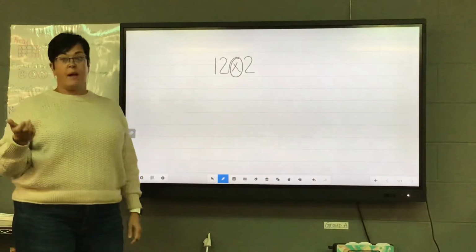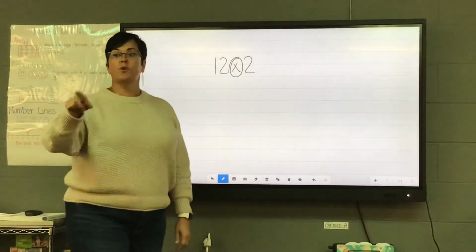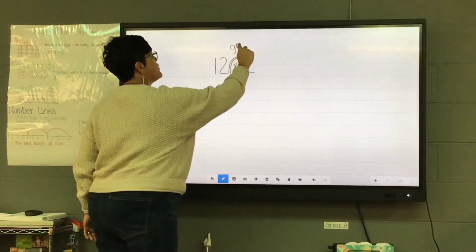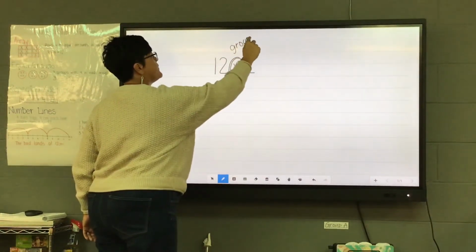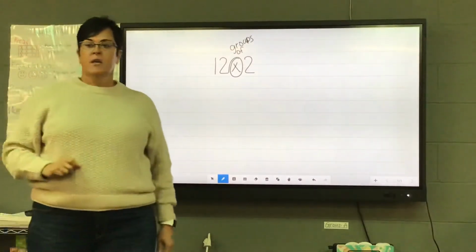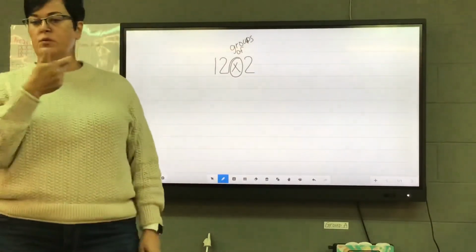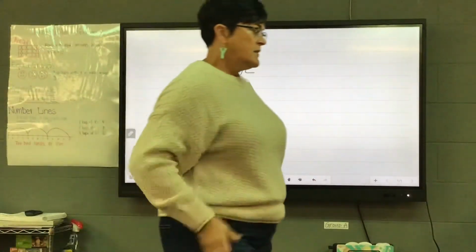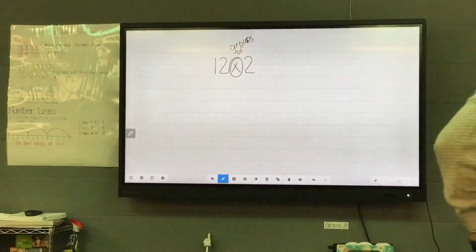Times. Groups. Right, times, groups of. So we have 12 groups of what? 12 groups of 2. Show me how you are going to solve this multiplication equation.